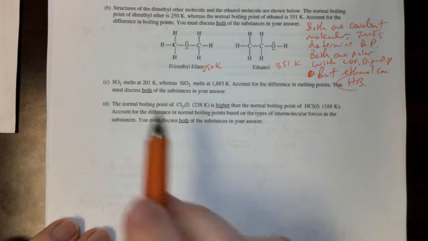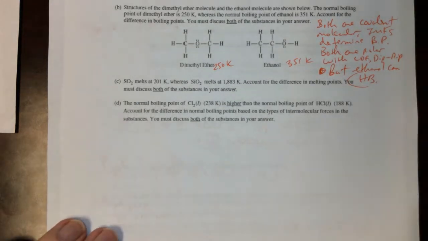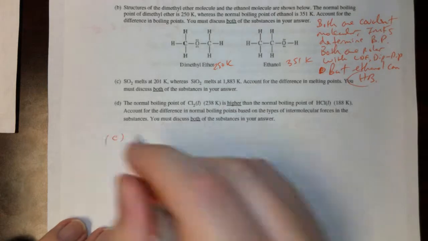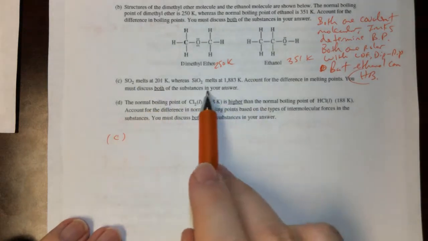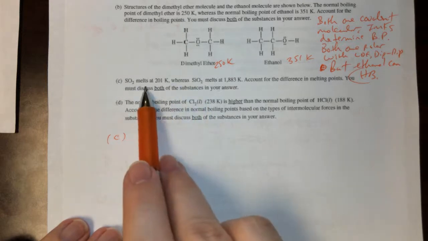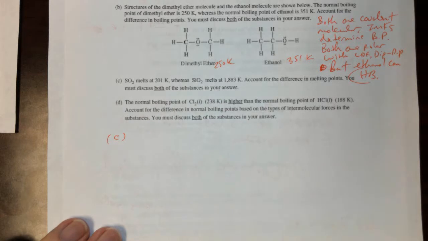Now, part C here, this is the one that really got students. Silicon dioxide melts at 201 Kelvin. Sorry, sulfur dioxide melts at 201 Kelvin. Silicon dioxide at 1883. So most students start jumping immediately into IMFs.